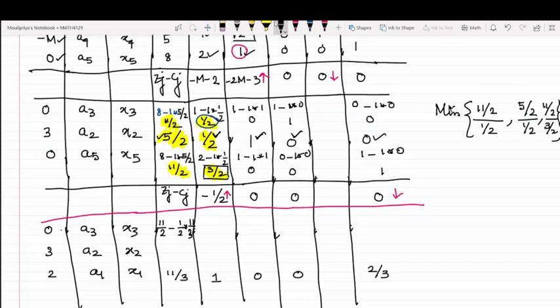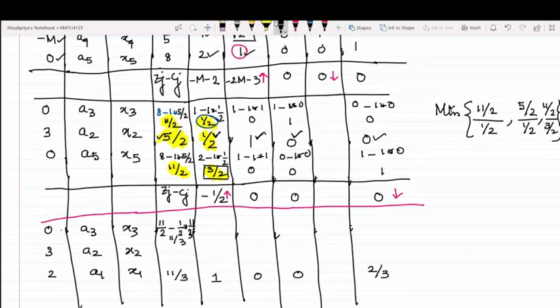So how much do we get? Eleven by 3. Still getting 11/3.